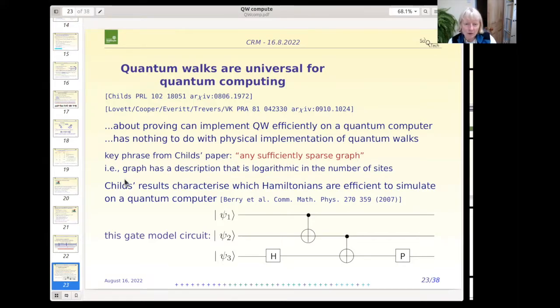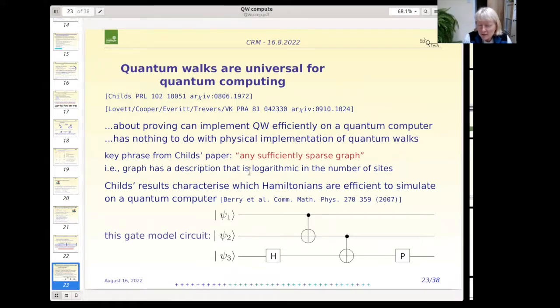So the graph needs to have a description that's logarithmic in the number of sites in order to be efficiently implemented on a quantum computer. It characterizes which Hamiltonians it's efficient to simulate. And there is more work from Dominic Berry et al. on that topic, published around the same time.